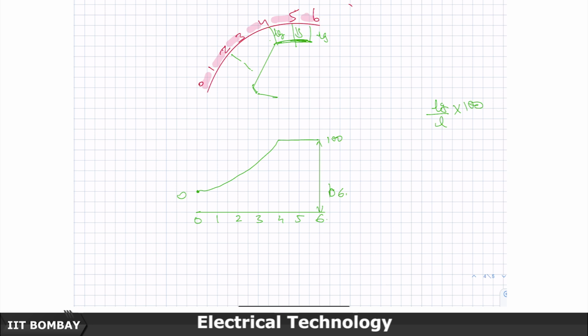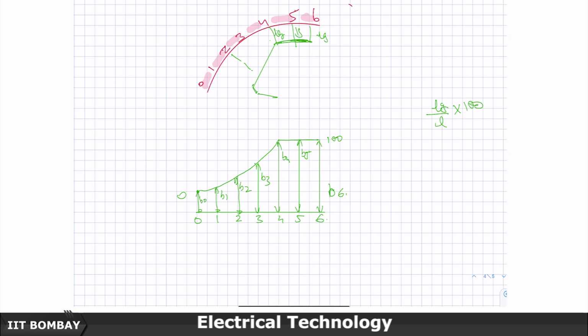So if this is marked as B6, this as B5, this as B4, B2, B1 and B0.